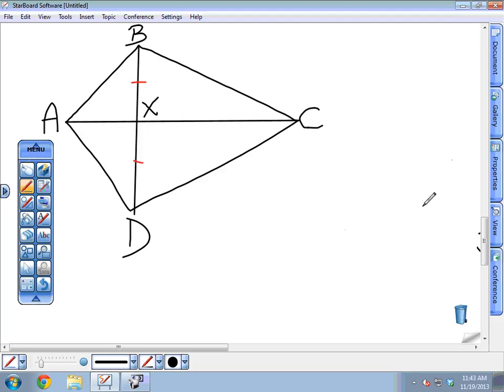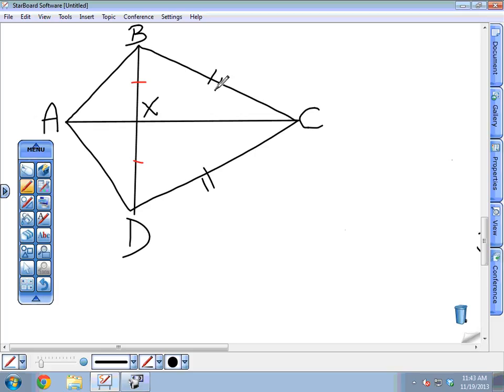Number 2 says that X is the midpoint of BD still, okay? And it says that BC is congruent to DC. Do 2 of those because we have 1 over there.